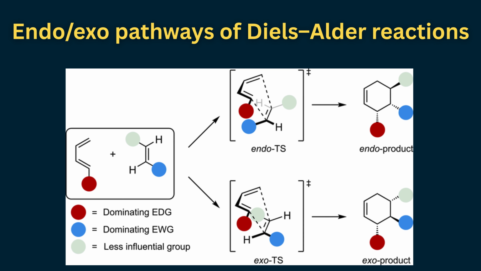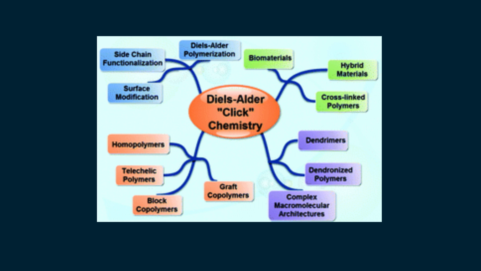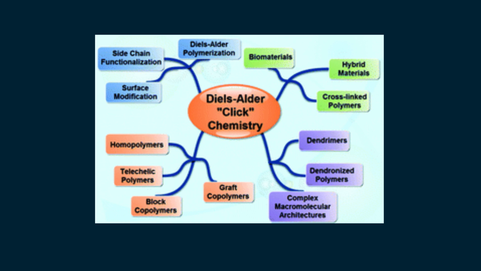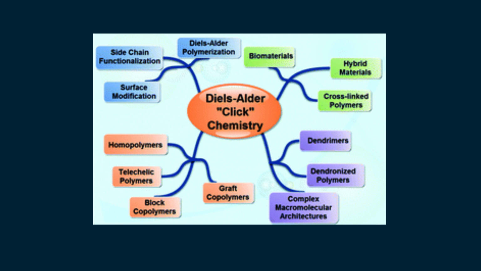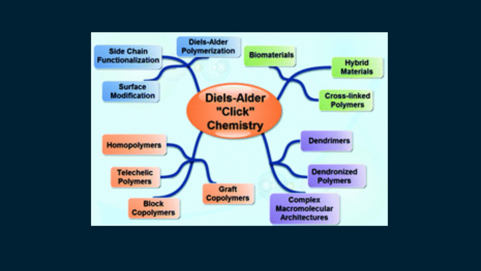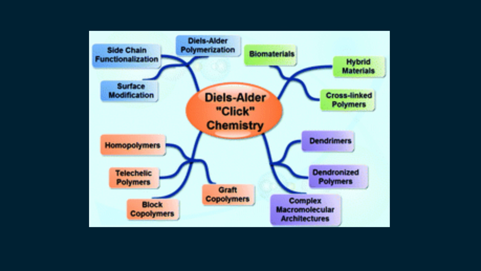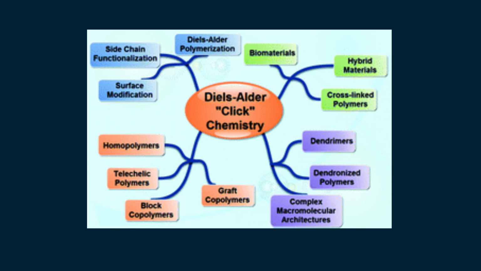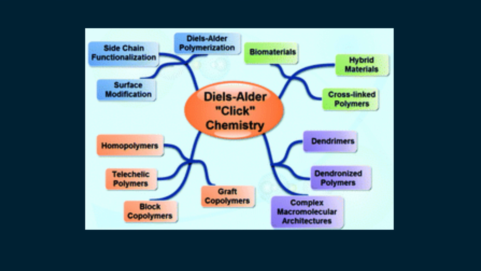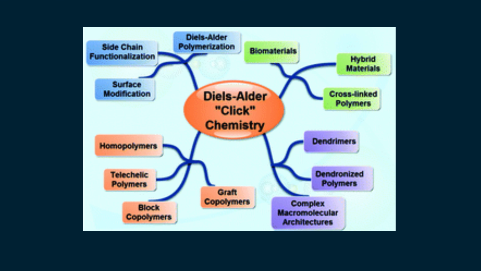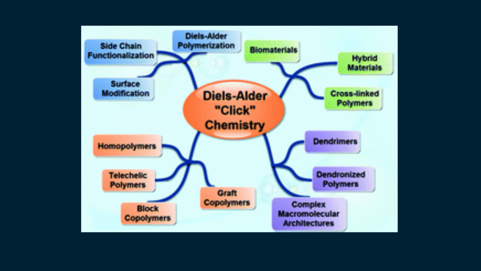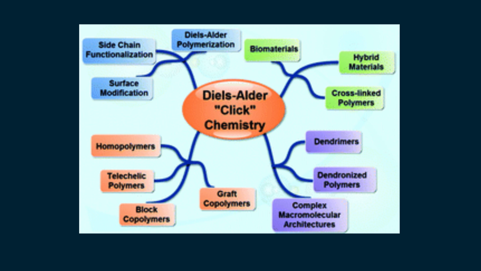The Diels-Alder (DA) reaction is a vital tool in materials science for creating smart, reversible, and functional materials. It is extensively used to develop self-healing polymers, stimuli-responsive hydrogels, and advanced coatings due to its ability to form stable, reversible, and controllable cross-links.